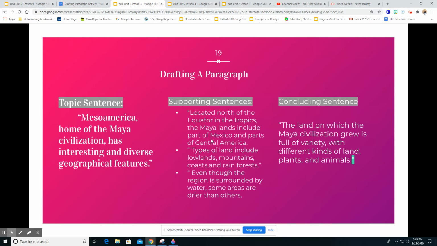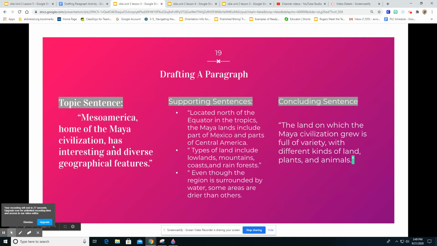The Maya lands include part of Mexico and parts of Central America. Types of land include lowlands, mountains, coast, and rainforest, even though the region is surrounded by water and some areas are drier than others. And the concluding sentence: the land on which the Maya civilization grew is full of variety, with different kinds of land and plants and animals.